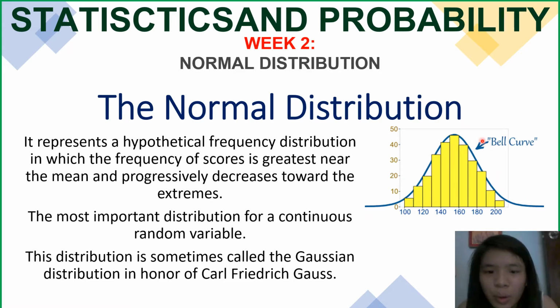Tapos, kung sa normal distribution din pala, yung itsura niya is bell curve. Pa-bell curve siya. So, kapag nakakita na kayo ng graph na bell curve siya, sa isip-isip nyo, normal distribution to. So, ganun yung normal distribution.